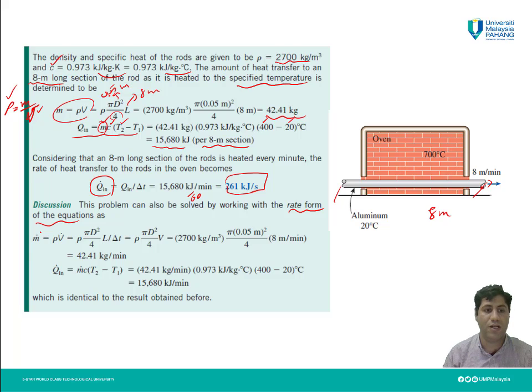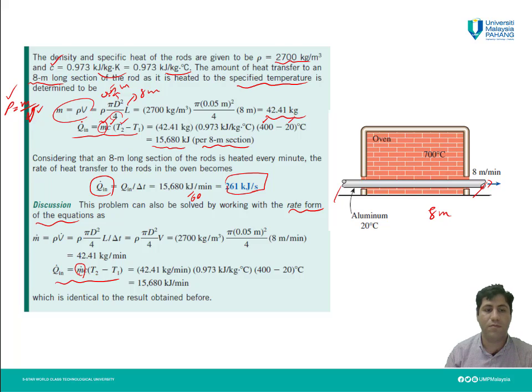If in the equation Q in equals m c (T2 minus T1), we write Q dot and m dot, in other words the rate form, or the amount per time, for mass or heat transfer, we could write Q dot in equals m dot c (T2 minus T1).